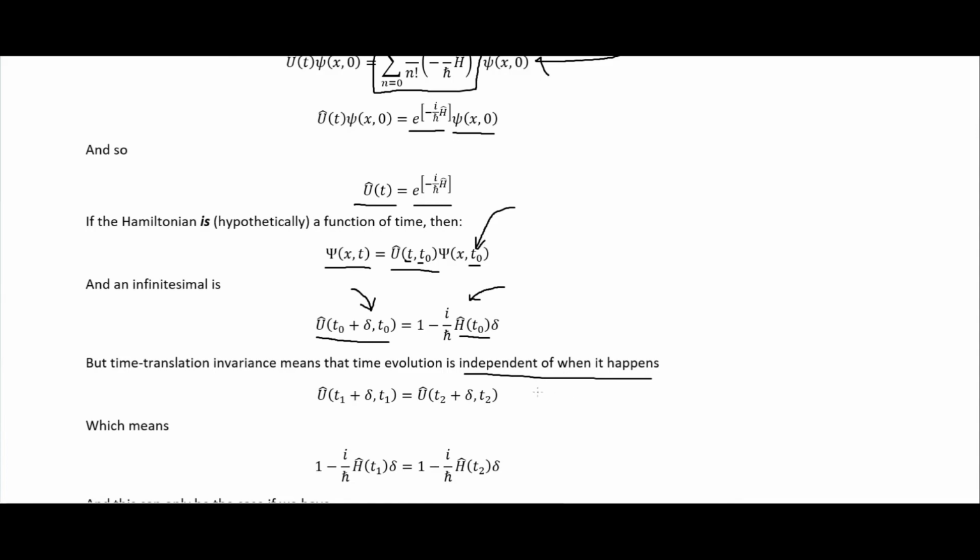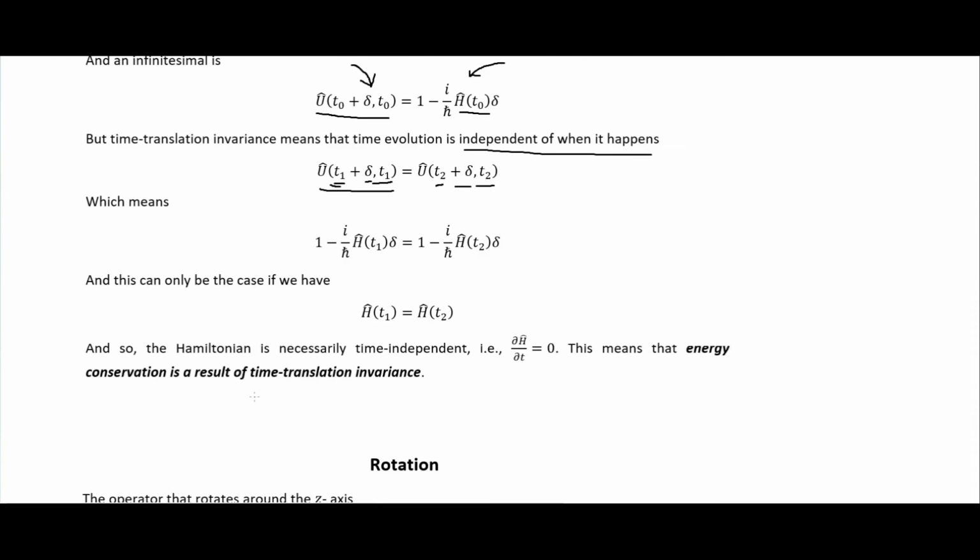And so it's independent of when it happens. So if we have this time evolution operator here starting at t1 and going to t1 plus delta, it is going to be exactly the same as if we started at some other time and then went just delta ahead of that time, regardless of when you started.